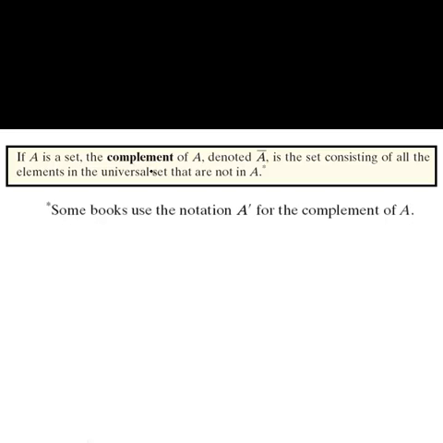So, for example, imagine that you have a deck of cards. So you have 52 cards. And then maybe we have some set of, say, the set of spades. Then the complement of the set of spades would be the set of cards that are not spades.